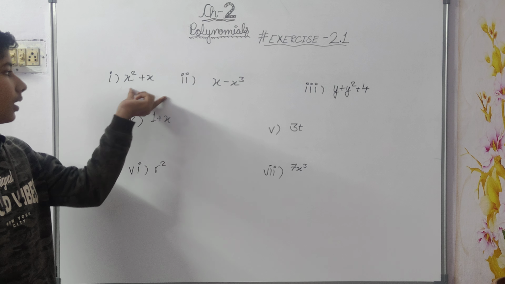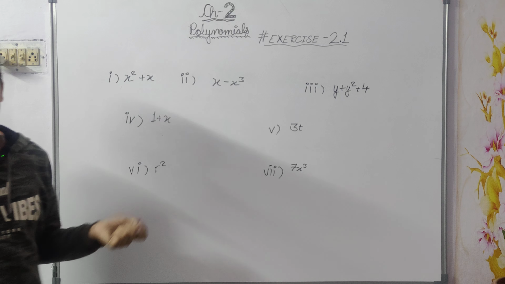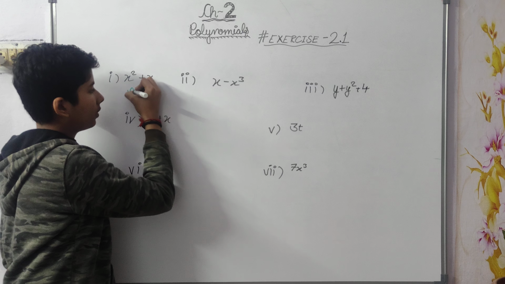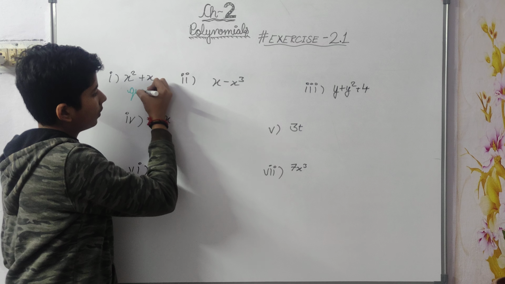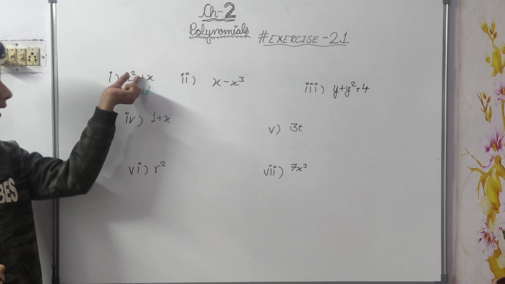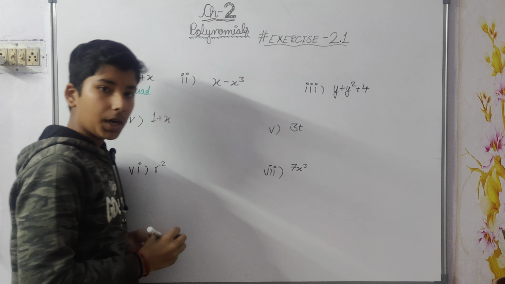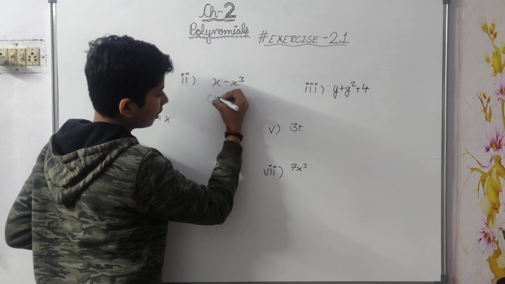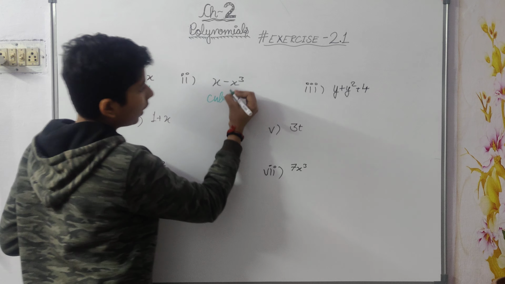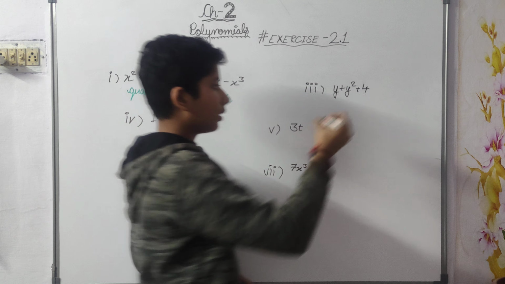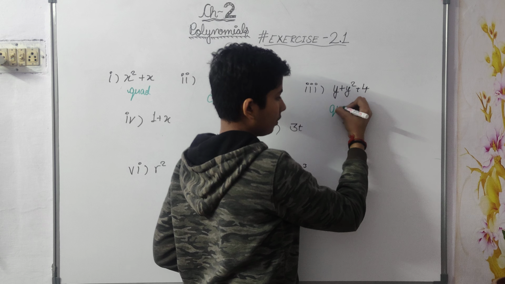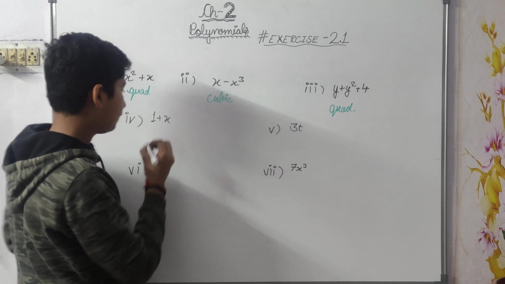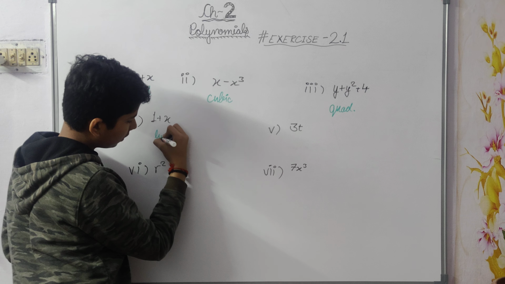See, this would be quadratic. Why? Because the highest degree is 2. And if the highest degree is 2, then it is always quadratic. This one is cubic. Why? Because highest degree is 3. This one quadratic. Same, highest degree is 2. This one linear.